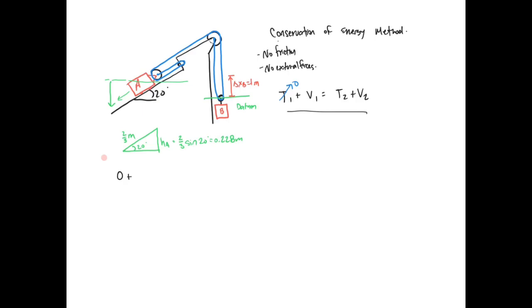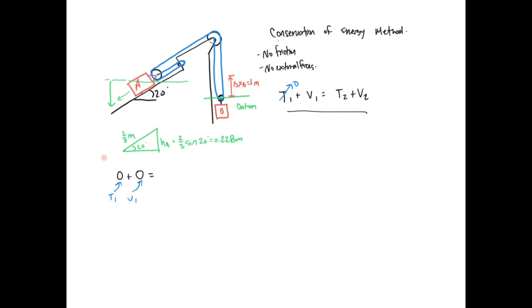That's equal to 0 because block B is at the datum, so it doesn't have potential energy relative to that point. And block A is also starting at its datum, so its potential energy is also equal to 0. So our T1 is equal to 0, and our V1 is equal to 0.